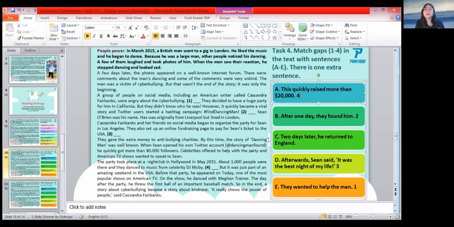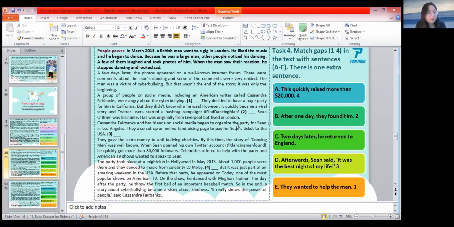Okay, now let's see for the first gap. A group of people on social media, including an American writer called Cassandra Fairbanks, were angry about the cyberbullying. They wanted to have the man. They decided to have a huge party for him in California. Okay, so I think that is quite suitable. The next sentence is about the decision to make a huge party for him in California, and they began to start a hashtag campaign.